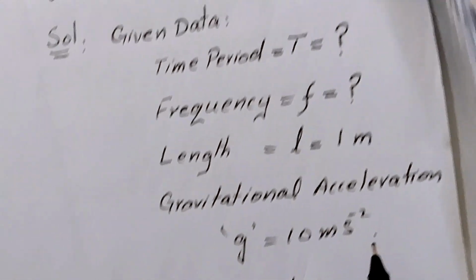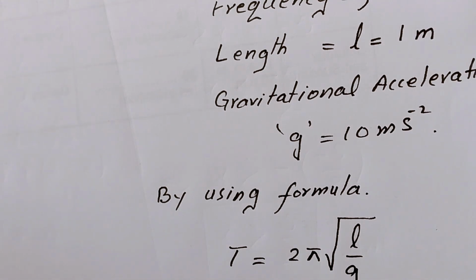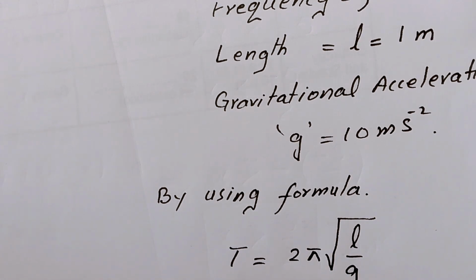So by putting these values in this formula, we will get T is equal to 2, and value of pi is 3.14, times square root of 1 meter is length and value of g is 10.